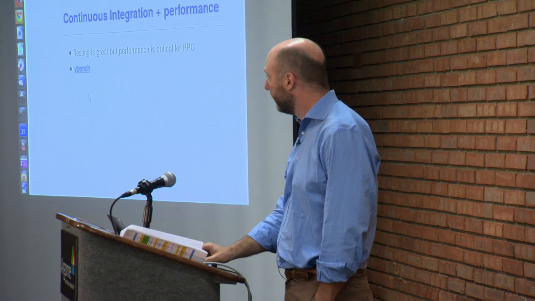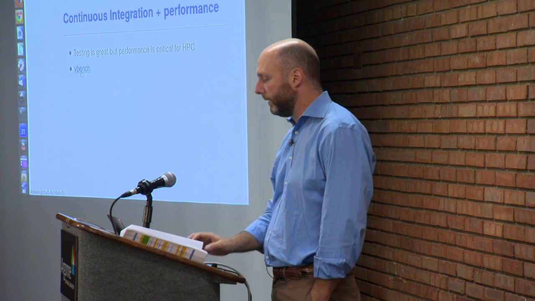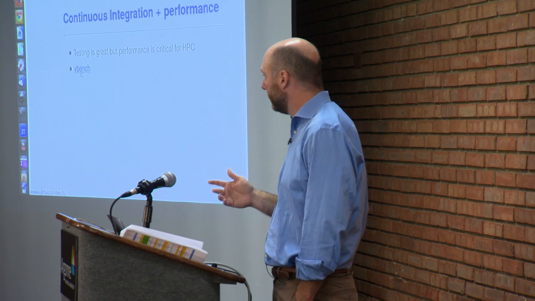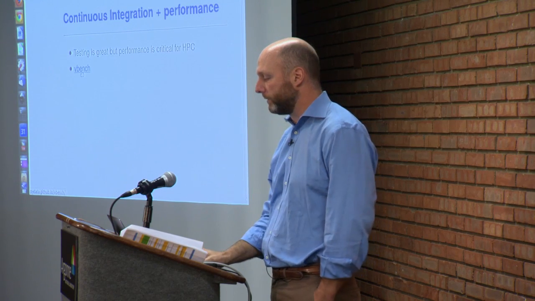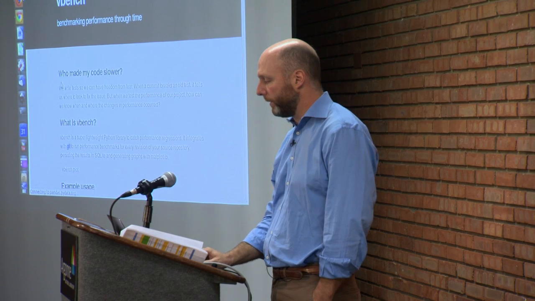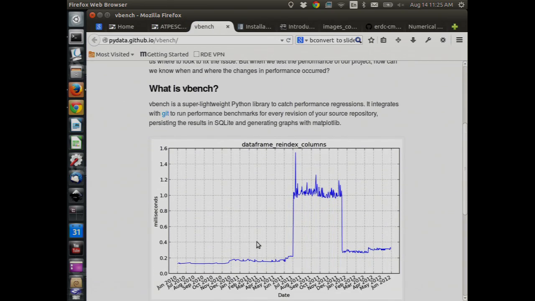And you could do that with something like nose, but again, in the scientific Python community, somebody has taken this idea, wrapped a little bit more around it, and built some nice tools that you can just piggyback on. One of those is called vbench.